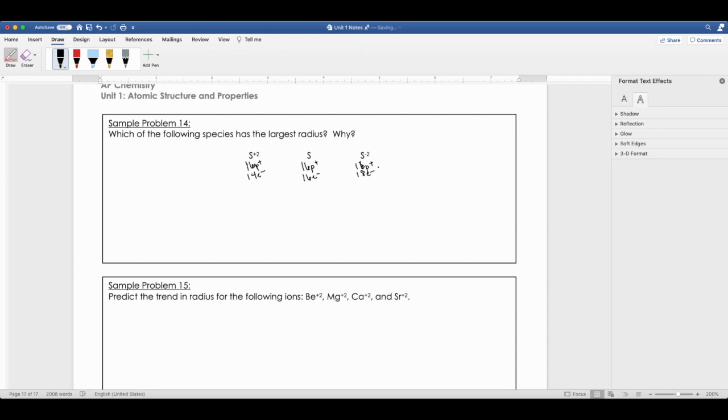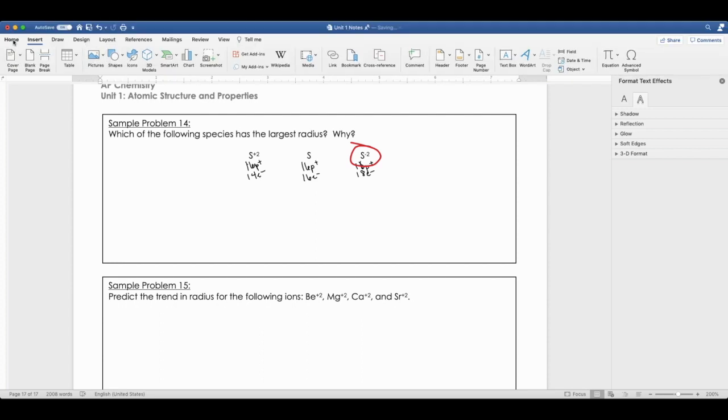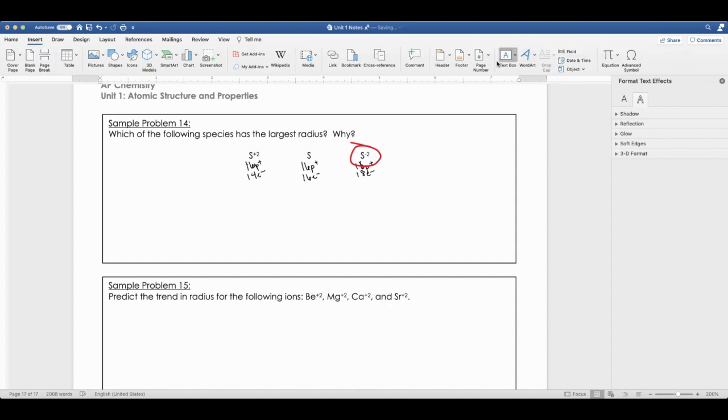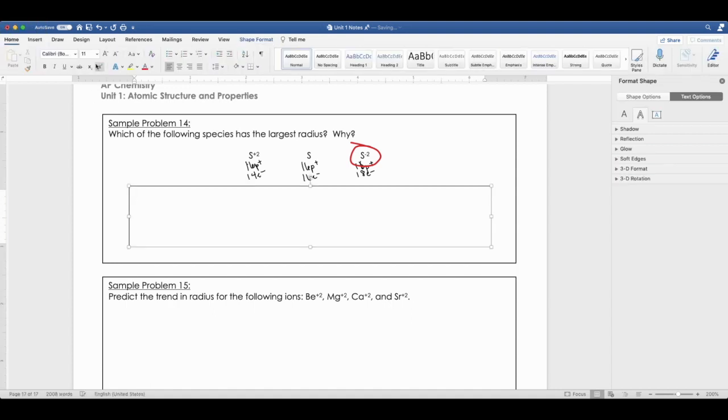So which one of these does the nucleus not have as strong of a pull? Well, it's got to be this one. Those 16 protons cannot pull on those 18 electrons as strongly, and therefore the size of the sulfide ion is going to be the largest out of all of these. So let's insert a text box here, and we'll answer this question using some words.